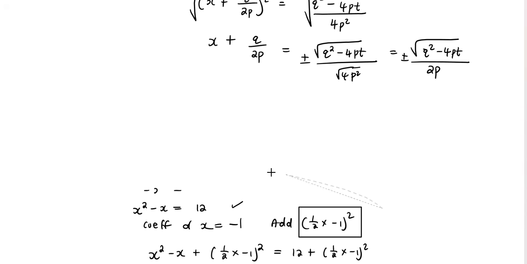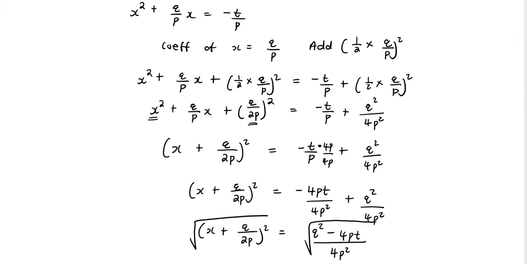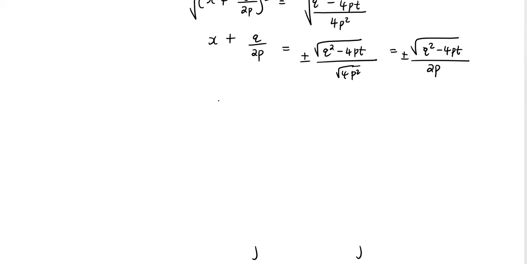Okay, so now we end up with this expression: x plus q over 2p is equal to plus or minus the square root of q squared minus 4pt over 2p.